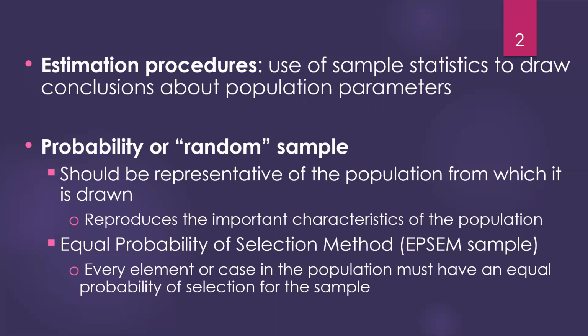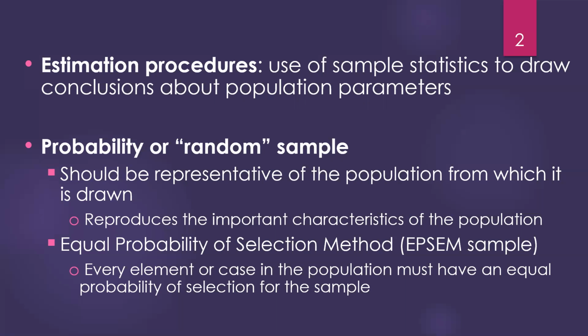Then the second characteristic of a random sample is something called the equal probability of selection method, or an EPSEM sample. So in an EPSEM sample, every element or case in the population must have an equal probability of selection for the sample.